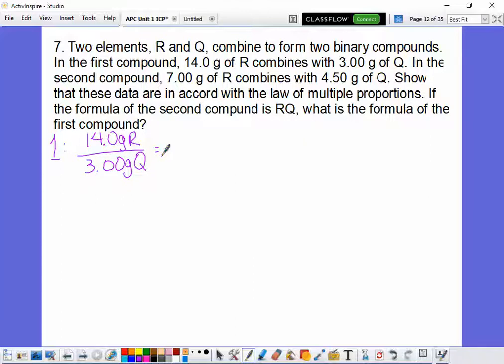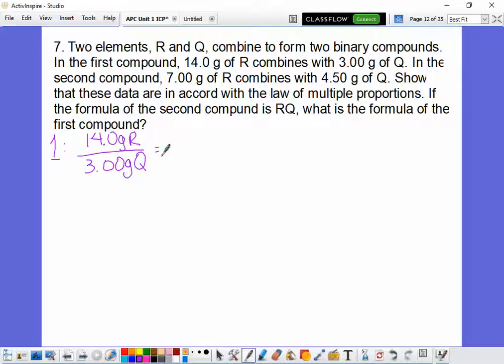Hopefully some of you have a calculator. So what is 14 divided by 3? 4.666666 repeating, right?